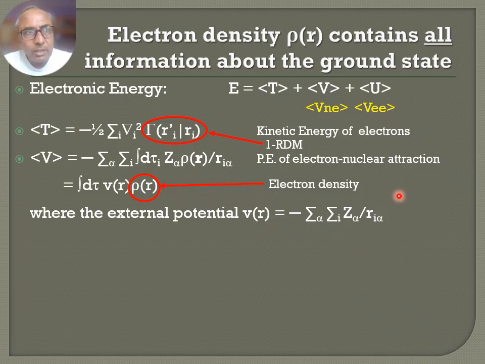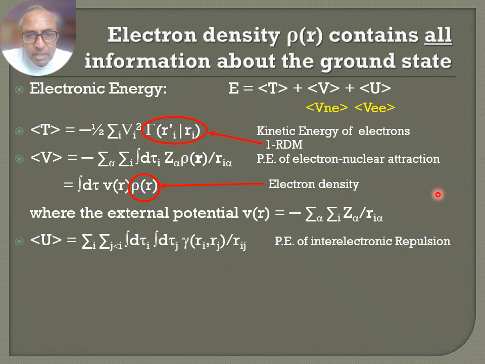But in general it can also include the effect of external potentials which interact with the electronic charge, such as an external electric field or the field of radiation. Okay. And the potential energy of interelectronic repulsion, U, is given by this formula in terms of the pair density gamma of R i and R j.